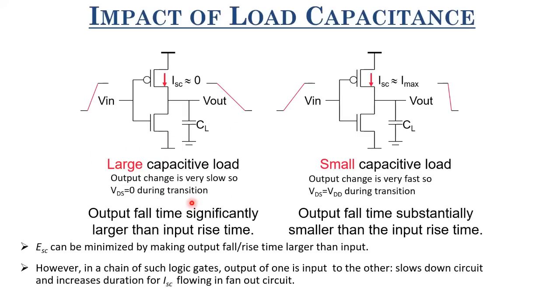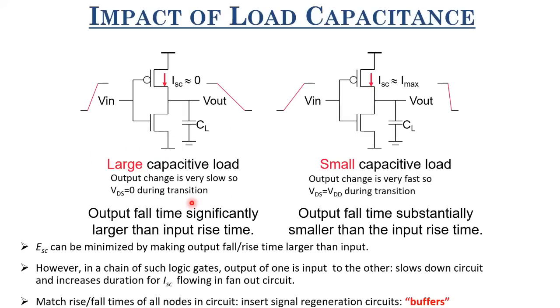So typically how people deal with this is they tend to keep the rise and fall times of all nodes in the circuit close to the same. I mean, the rise times and fall times of all nodes in the circuit, they tend to match them. And they try to make these rise and fall times as small as possible, close to steep slopes. How? By inserting signal regeneration circuits, which are also known as buffers.